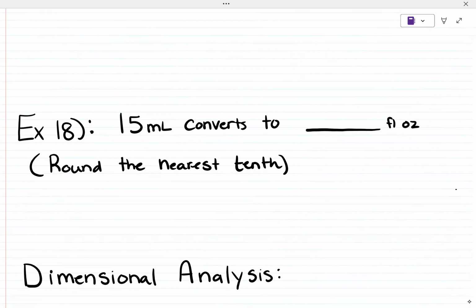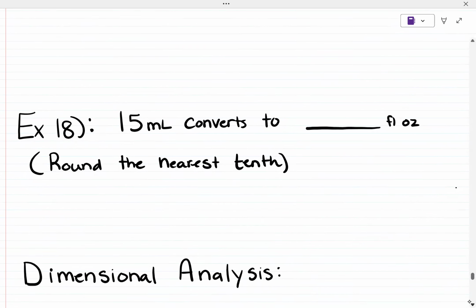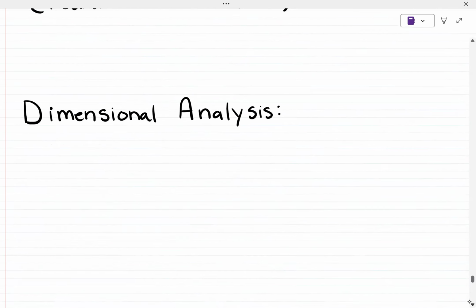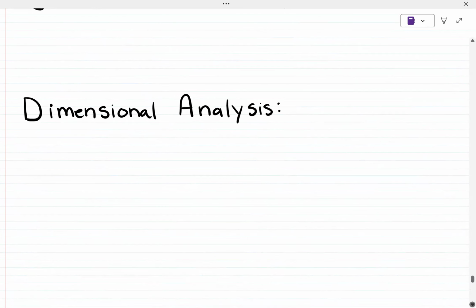Okay, example 18, we have 15 milliliters converts to how many fluid ounce? Round to the nearest tenths. So we are given 15 milliliters. We can just start with dimensional analysis. 15 milliliters times fraction, milliliters on the bottom, fluid ounce on the top.